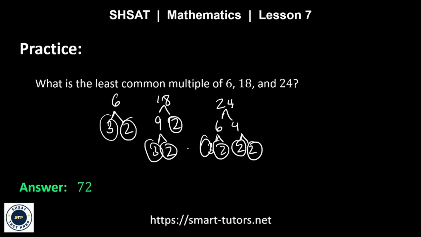So you pick the most number of 2s and 3s that's found in one of the numbers. There's one 3 in all of them, so it's one 3. I'm sorry, there's one 2, two 2s, and three 2s here. So you would pick the three 2s. This would be how you get your answer, and you multiply that.